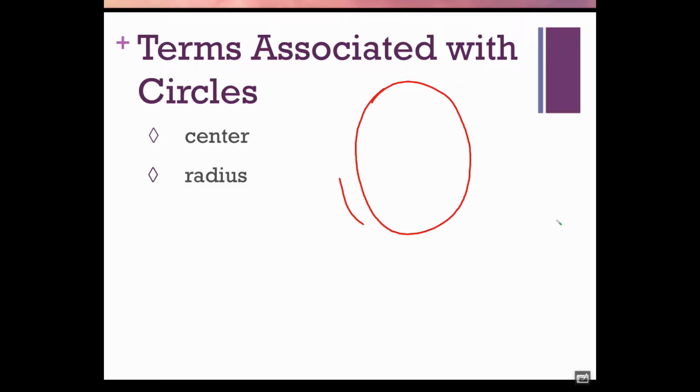Draw me a radius. Change colors. Now draw just a radius. Good. What is that? Thank you. You can sit down. What is that?